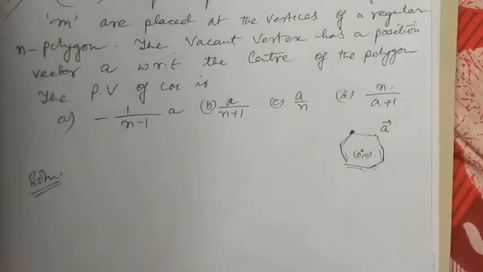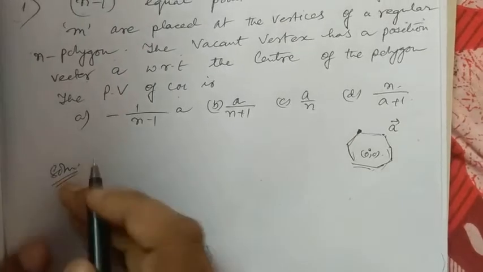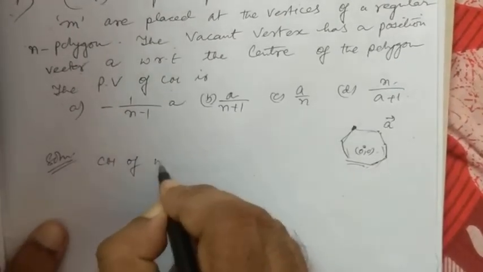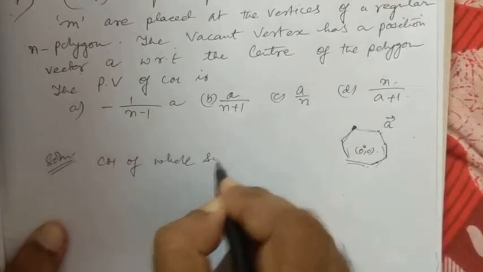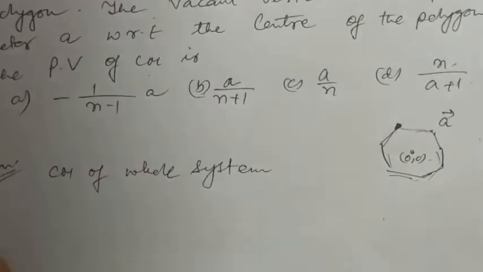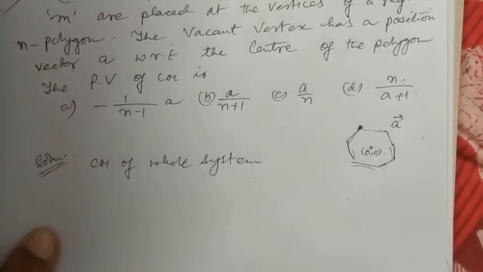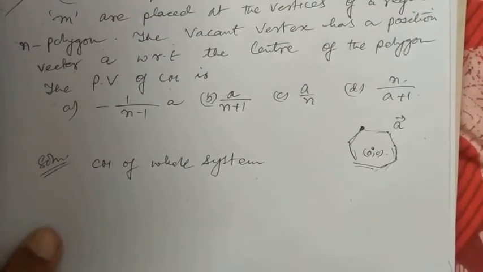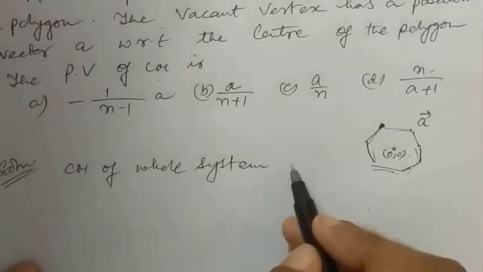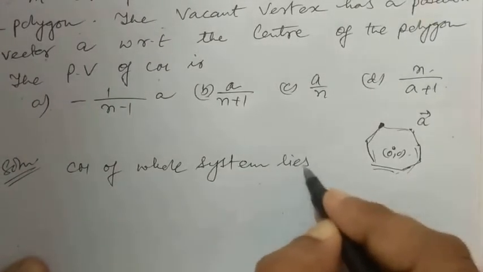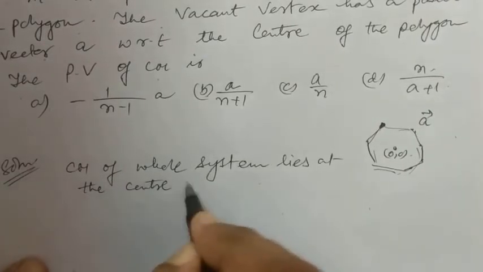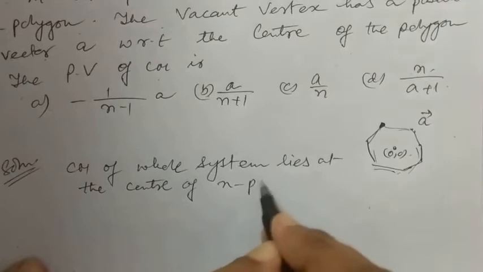So from the formula for center of mass, the center of mass of the whole system lies at the center of the n polygon.